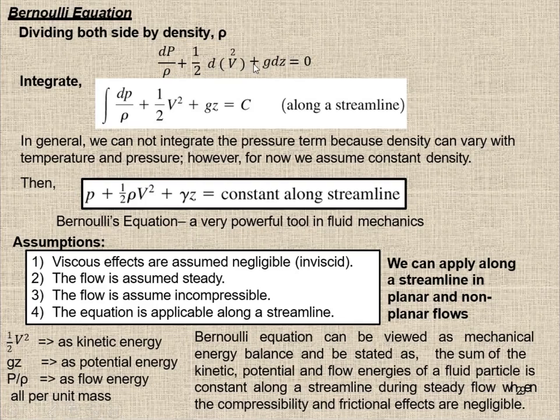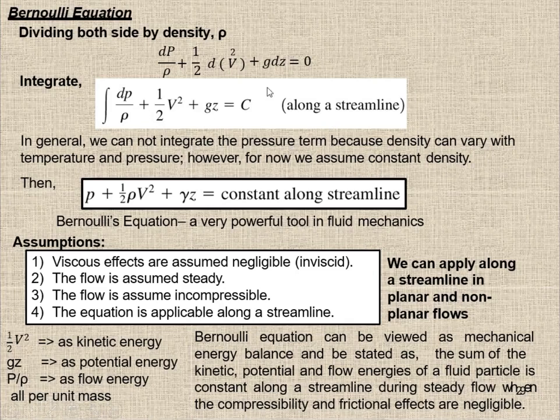And if I integrate this whole equation, what will happen? Here this is the integral of dp over rho. The d will cancel with the integral, and it becomes half v square. Because g is constant, this d will also cancel with the integral, so it will be gz, and finally it comes with a constant along a streamline.